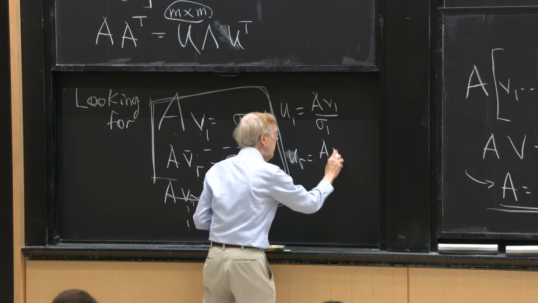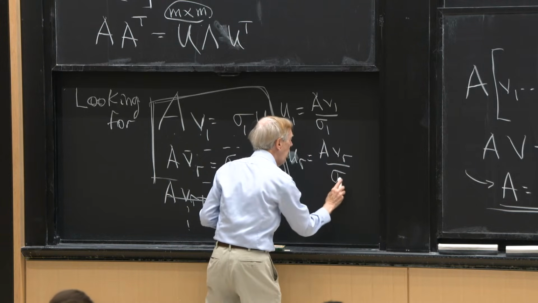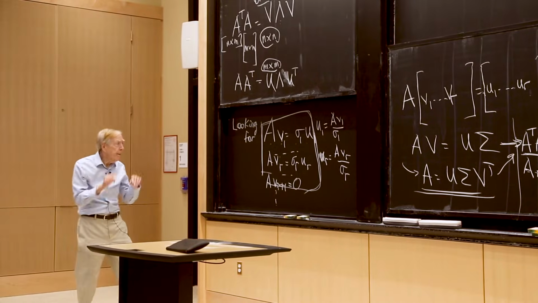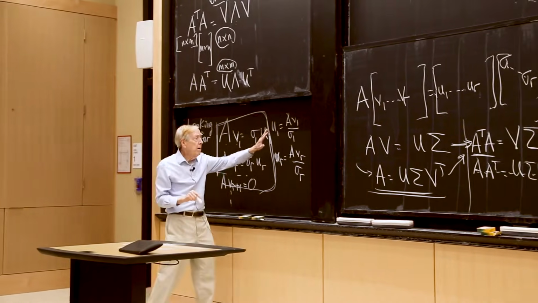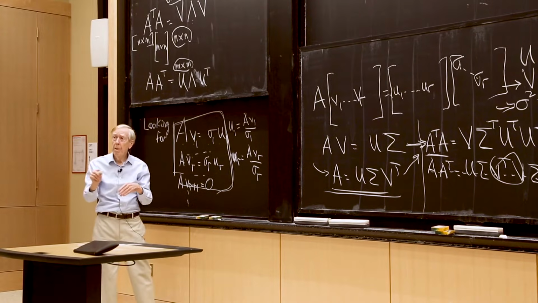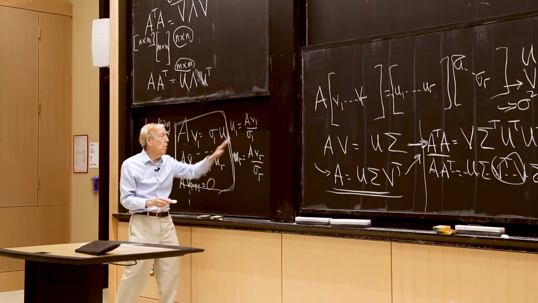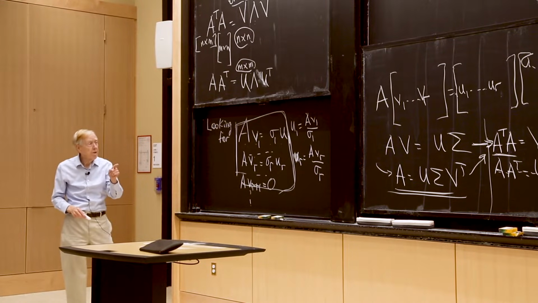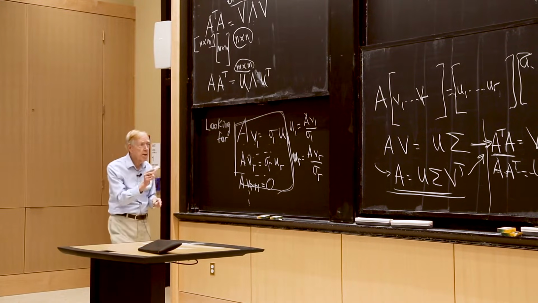U_r is A V_r over sigma r. Do you see what I'm doing here? I'm picking in a possible plane of things the one I want, the U's I want. So I've chosen the V's, I've chosen the sigmas.